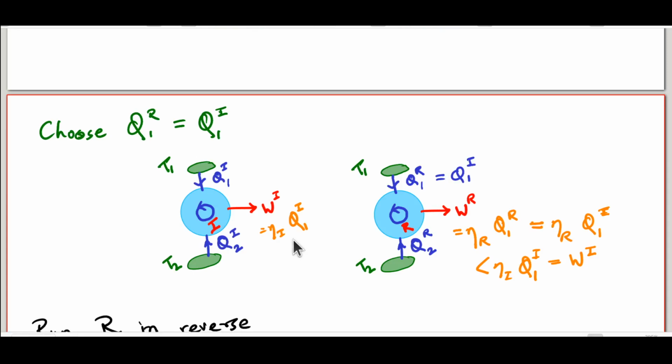But one important consequence of doing that here would be that WR, which is eta R Q1R, will also be exactly equal to eta R Q1I, Q1R and Q1I being chosen to be equal. And eta R Q1I is less than eta I Q1I by supposition. Remember, eta I is the bigger one of the two. And therefore, WR is actually less than WI. That's the real important point here.